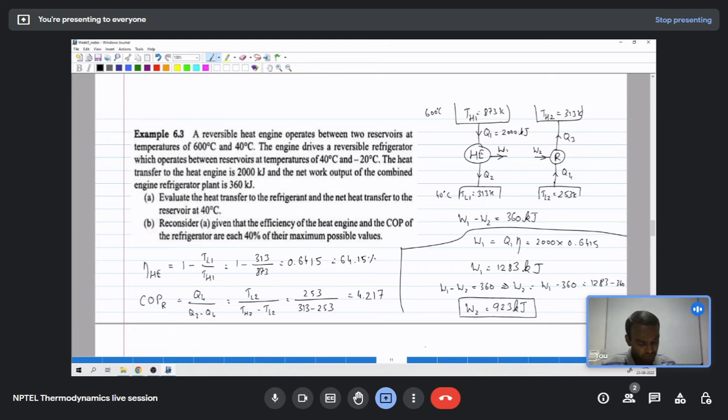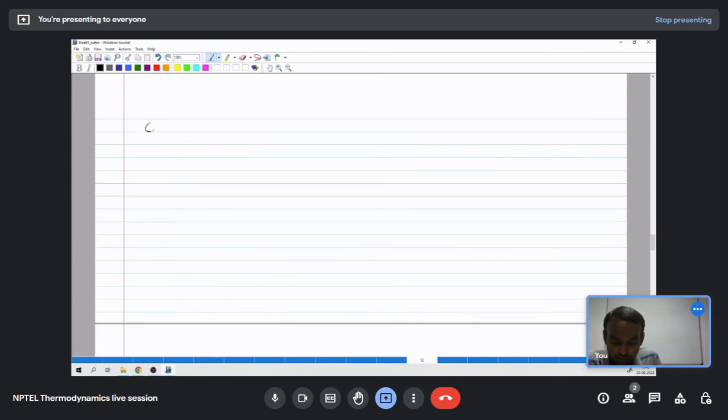So now we have the COP of the refrigeration system and the work input to the refrigeration system. Using this we can calculate the values of Q3 and Q4. So the COP of the refrigeration system is Q4 divided by W2.